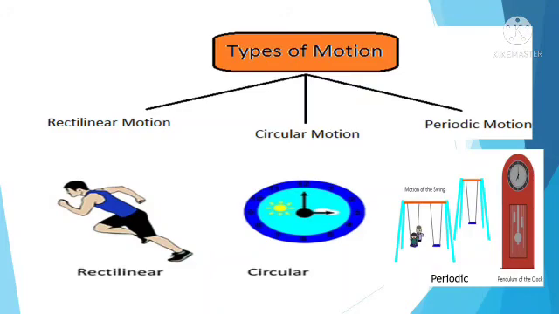This motion is also called to and fro motion. Examples are a clock's handle, the to and fro motion of a pendulum, the motion of earth, the blades of a rotating electric fan, etc. So these were the main three types of motion.